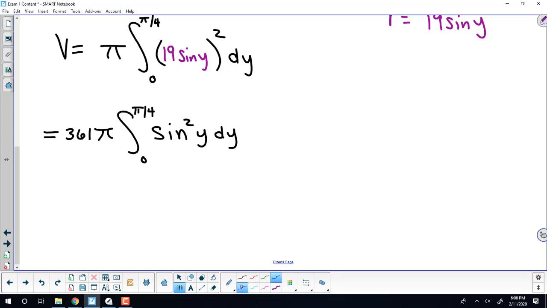But we're going to use the identity 1/2 times 1 minus cosine of 2y to integrate that. So I'll just do it over here to save some space.